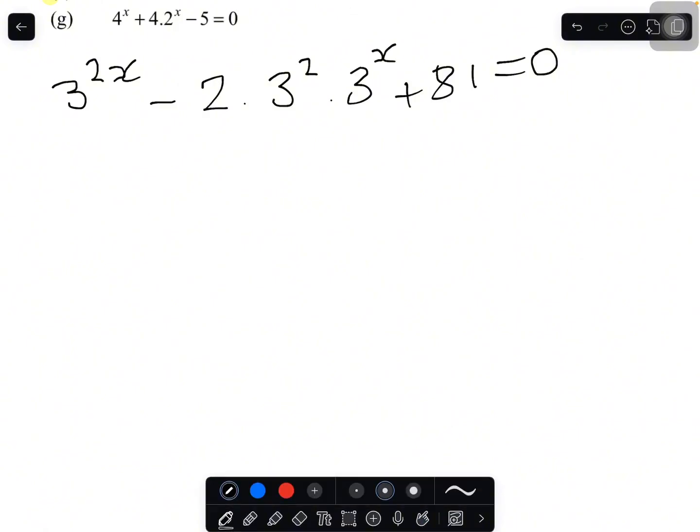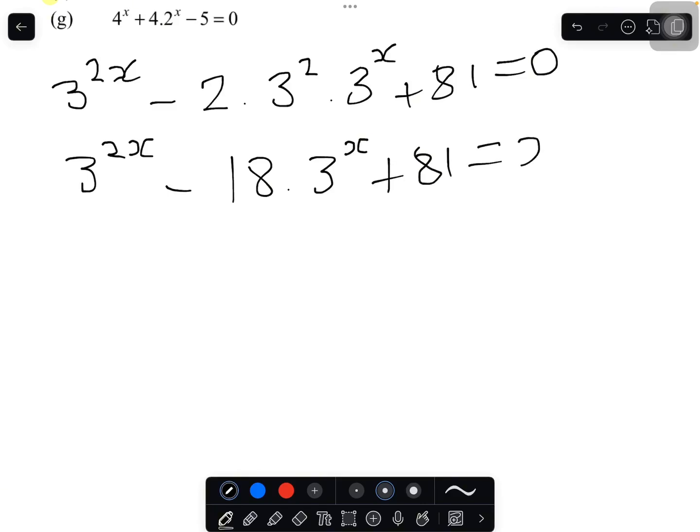Now let's simplify this a bit more. So I'll have 3 to the 2x minus 9 times 2, which is 18, times 3 to the x plus 81 equals 0. Okay, so let's go into this.